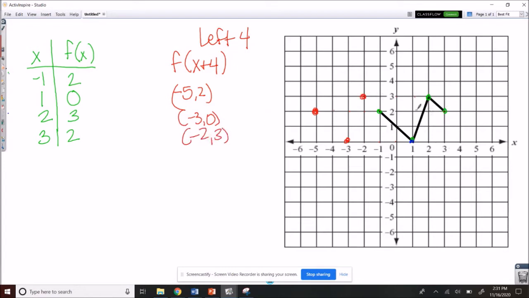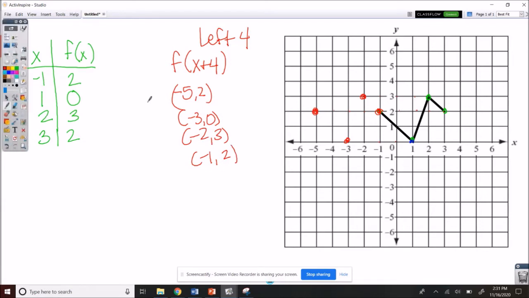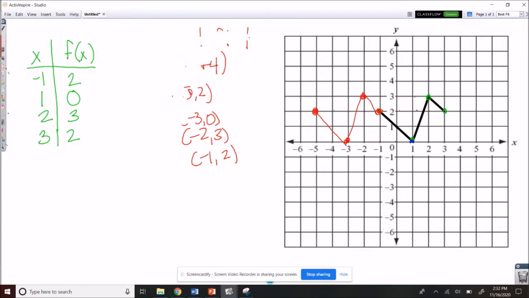And right here, 1, 2, 3, 4. That is (-1, 2). So you can see if you subtract 4 from all of these x values, you'll get this red graph. Okay, so let's get rid of all of that so we can just focus on one transformation at a time.